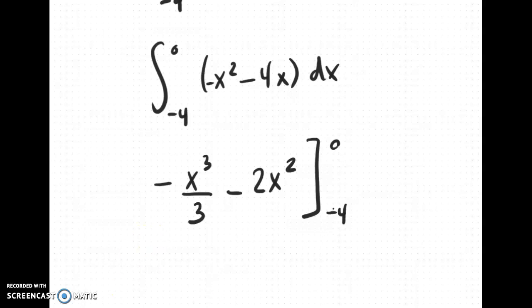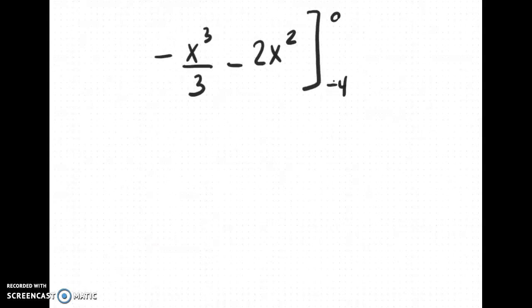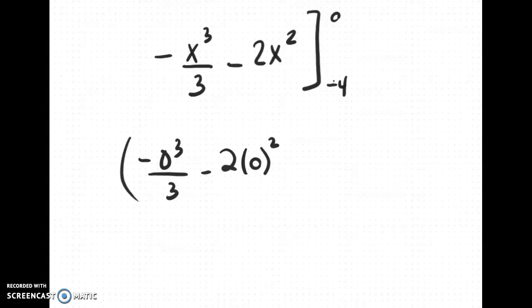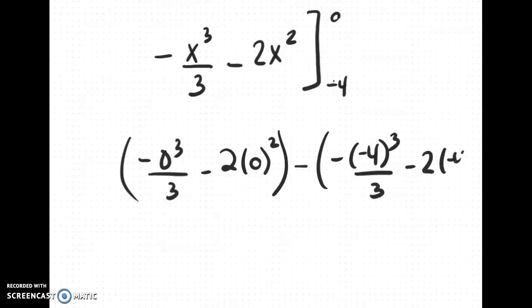And so now to evaluate that, I'm going to plug in 0, and then plug in -4.